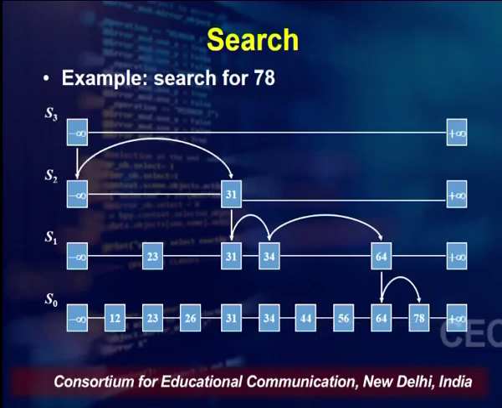Then we compare with the after of 31, which is 34, and still go right to 64. The after of 64 is plus infinity, and we have not reached the last level, so we go down, coming down from 64, and then the after positional abstraction of 64 gives the successful result, the element we are looking for, 78.